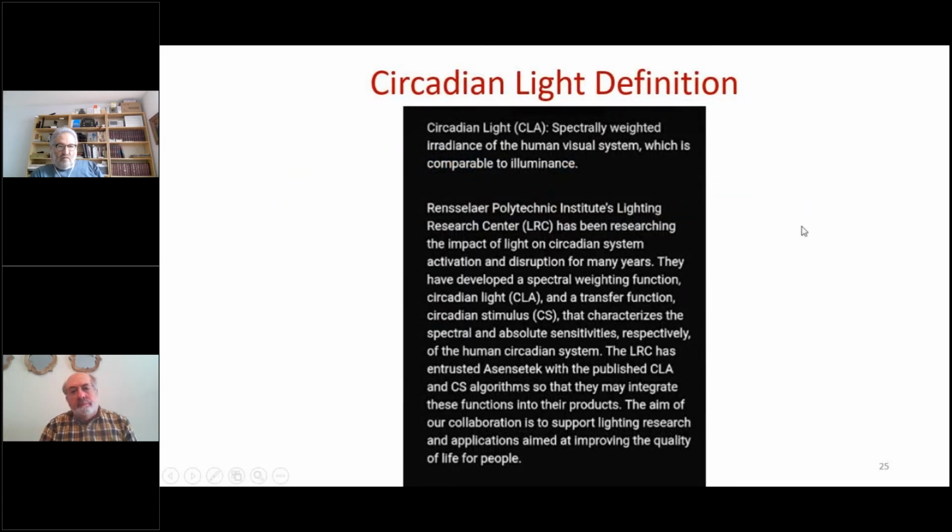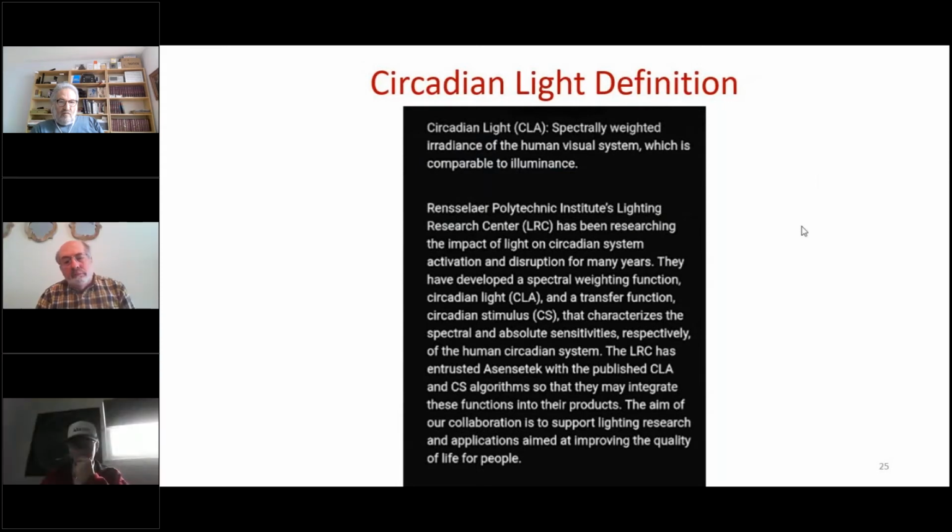We also have the circadian light definition. Again, this has to do with human-centric lighting, and this has been devised by the Lighting Research Center. Basically, this has to do with different photopigments that exist in the eye, and circadian light is like a spectrally weighted function that is related to basically eye response.